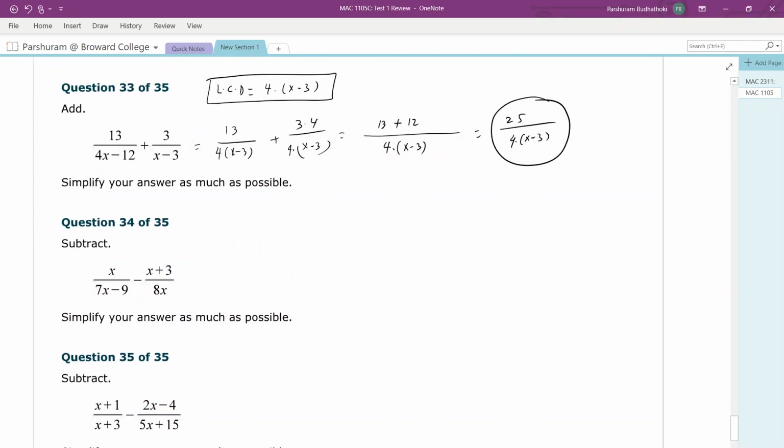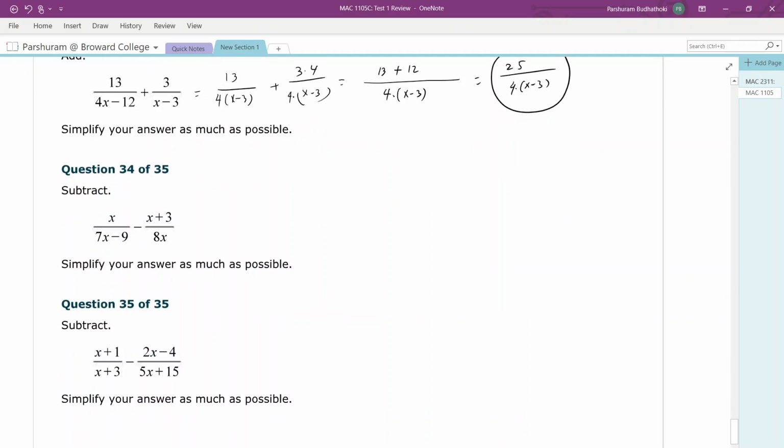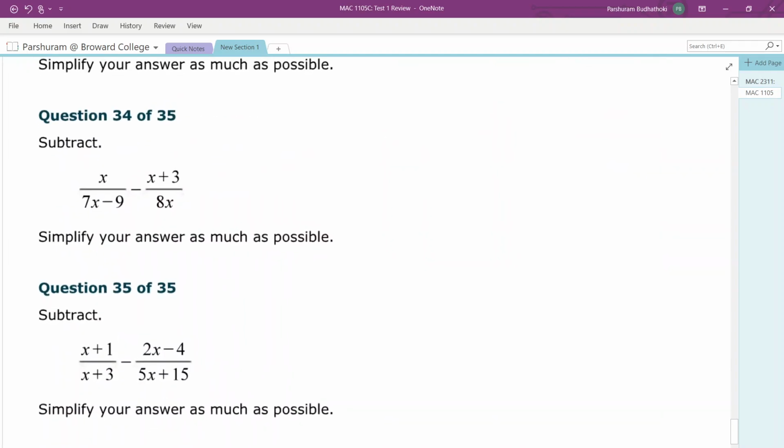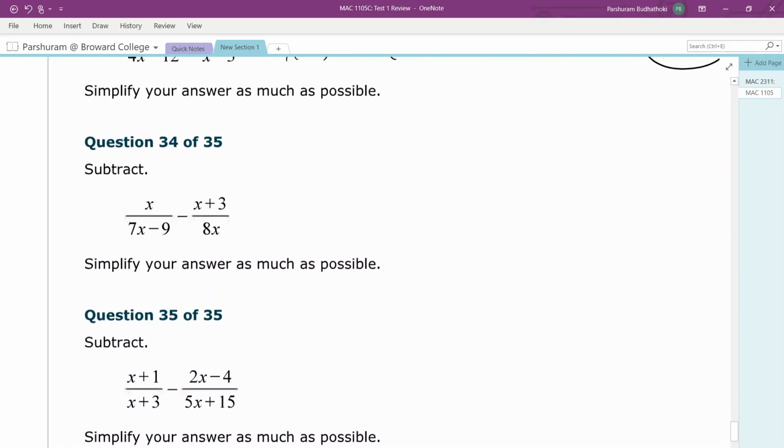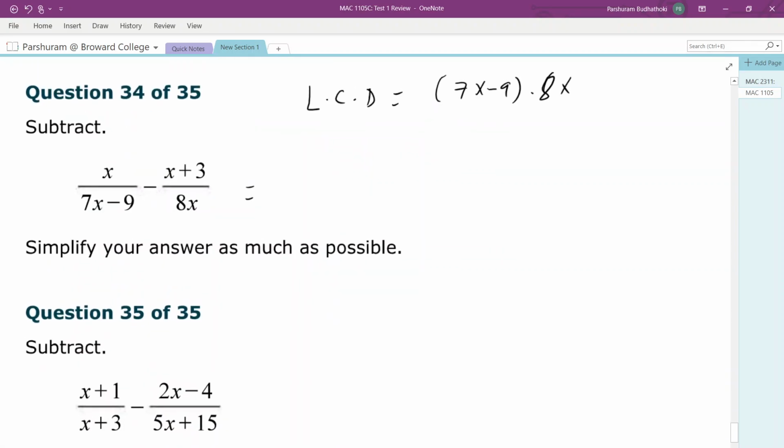Let's go to problem 34. We have to subtract, and one more time there is no common denominator, so we can find out the LCD. In this case, the LCD would be everything, 7x minus 9 times 8x. So to make the same common denominator for the first one, we have to multiply by 8x.